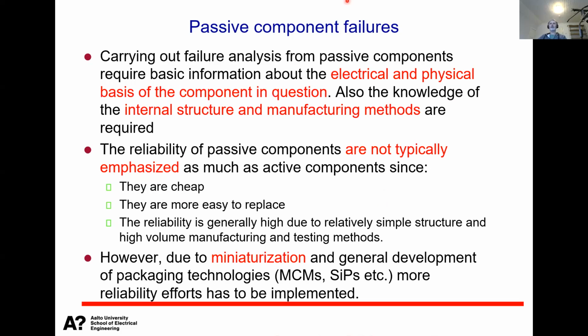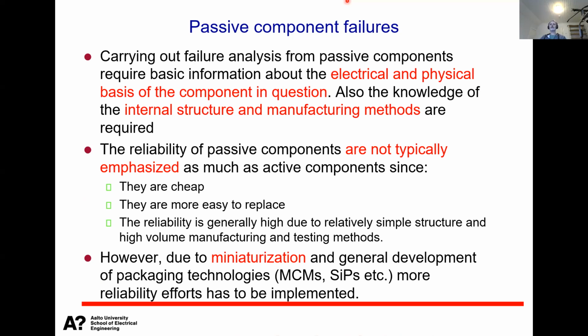So in general, when we are doing failure analysis on any component, passive component, and this is also applicable for active components, we need to know the functionality, the electrical and physical basis of the component.